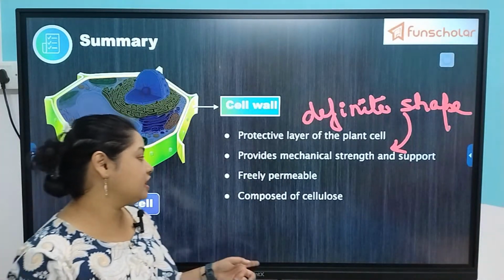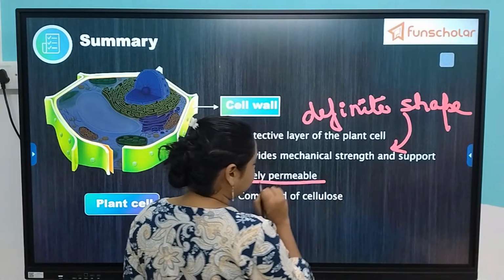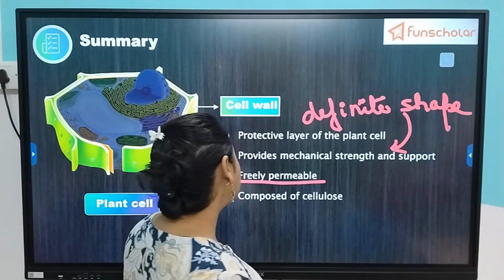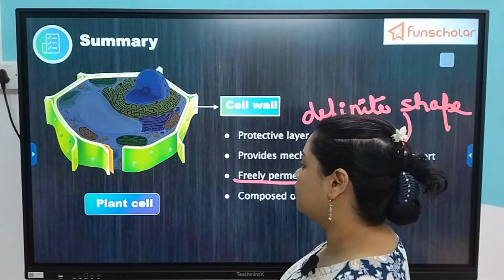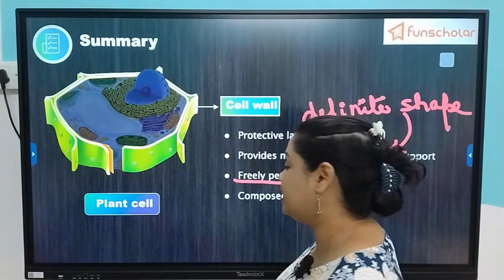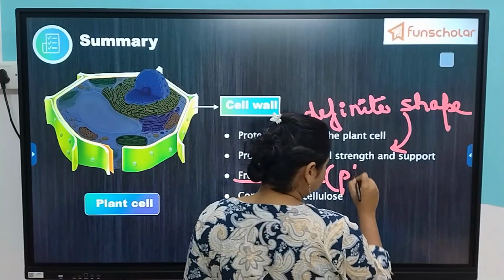Now, unlike the cell membrane, the cell wall is freely permeable. You can see here, the cell walls also have passages within them. Those passages are known as plasmodesmata.